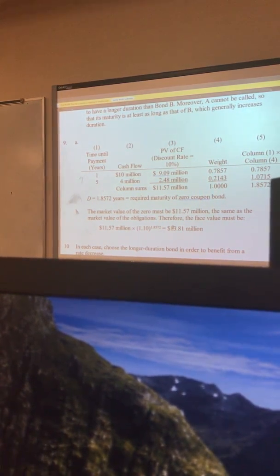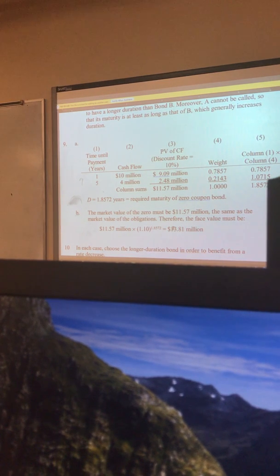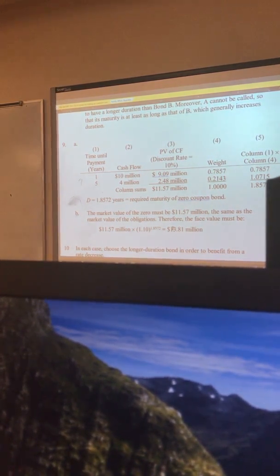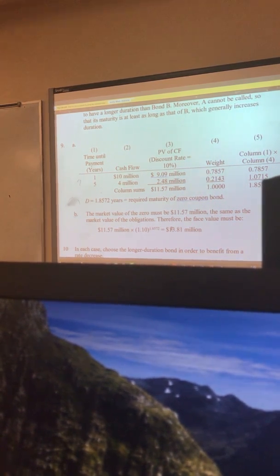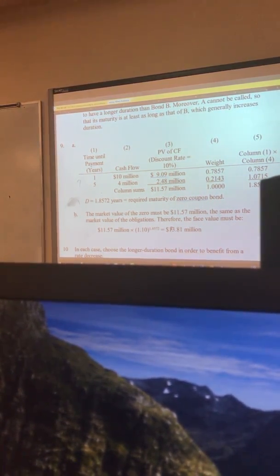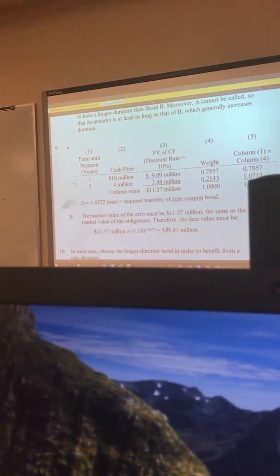And I want you to remember that the duration of a zero coupon bond is equal to its maturity. And that when we match the duration of a liability with the duration of an asset, we no longer have any interest rate risk.